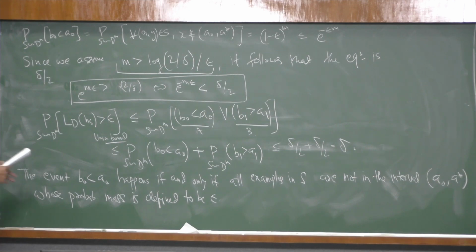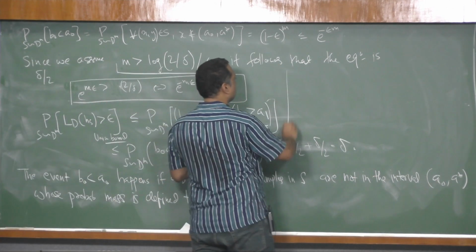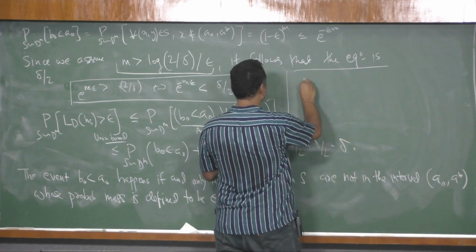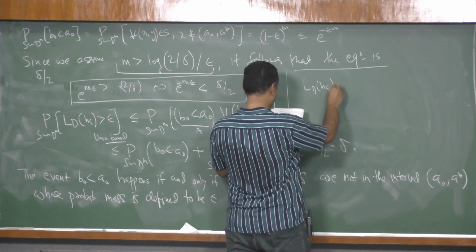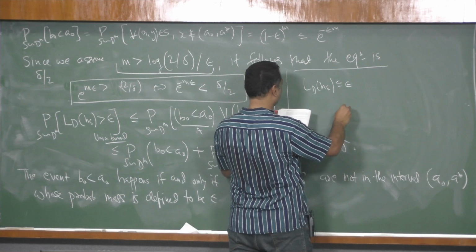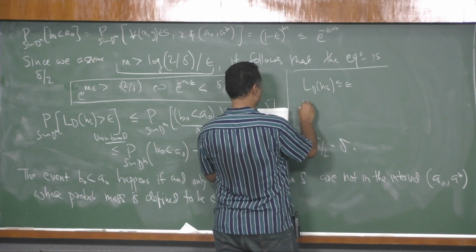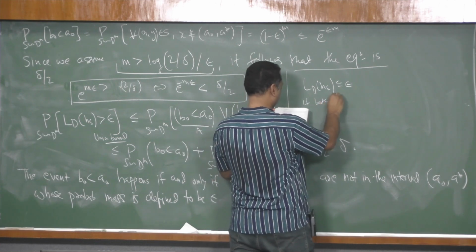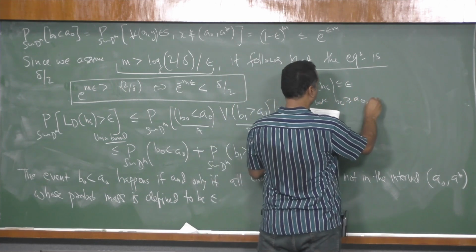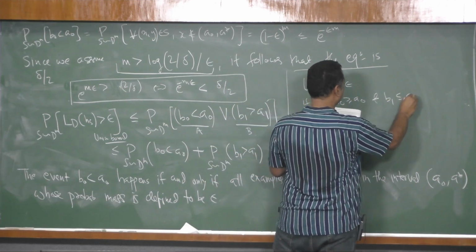So all this is coming from not q implies not p, right? What we proved eventually is that L_D(h) is less than or equal to epsilon if both B naught is greater than or equal to A naught and B1 is less than or equal to A1.